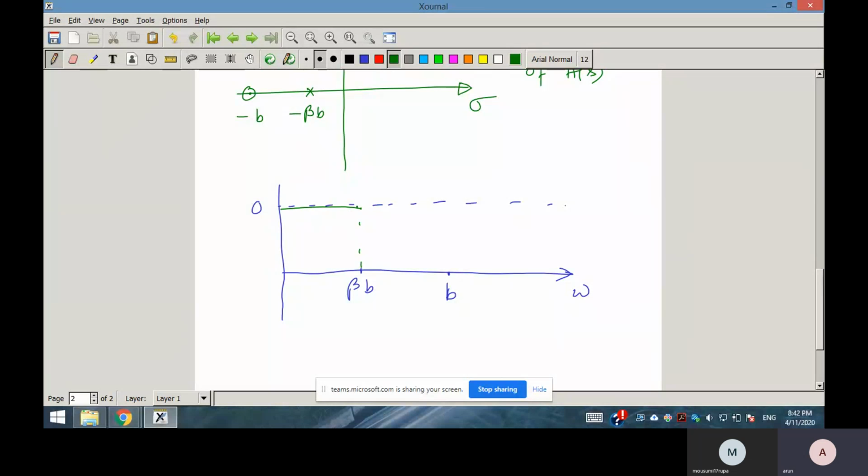So here the minus 20 dB slope will get nullified by the zero location at omega equal to b. So this is your asymptotic Bode magnitude plot of the lag controller. So this is 0, and what is this magnitude? This magnitude will be 20 log of beta, because the slope is minus 20 dB per decade.